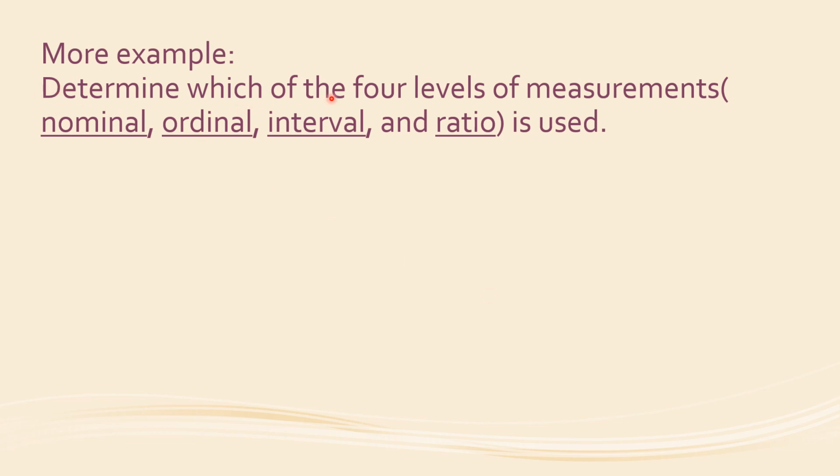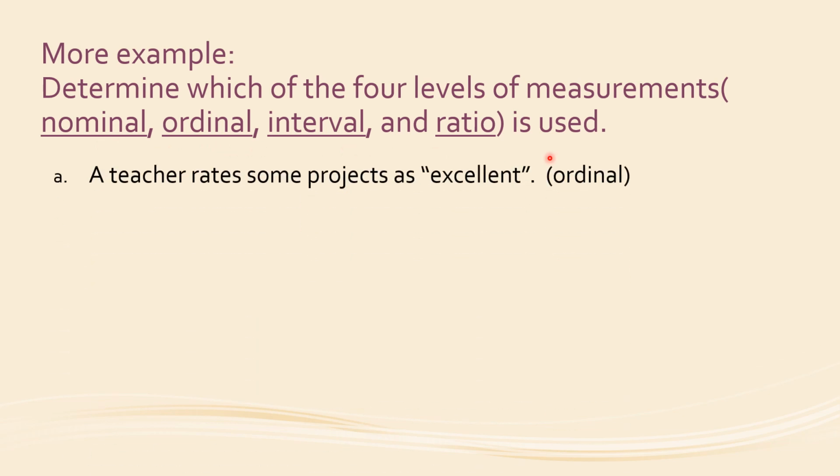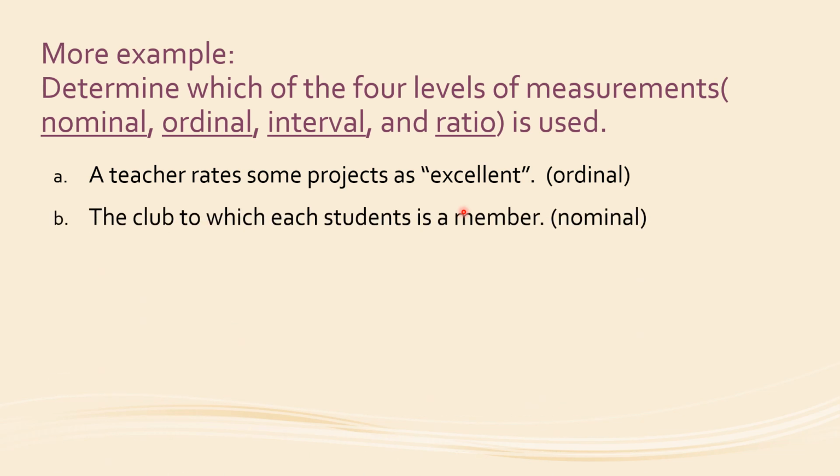Determine which of the four levels of measurements, just as nominal, ordinal, interval, and ratio is used. Okay, so for example, a teacher rates some projects as excellent. So, pag excellent, that is order. Excellent, very good, good, better, best. That is ordinal. Next, we have the club to which a student is a member. Okay, that is nominal. So, it's the name of the club, like Math and Science Club, English Club, Glee Club.